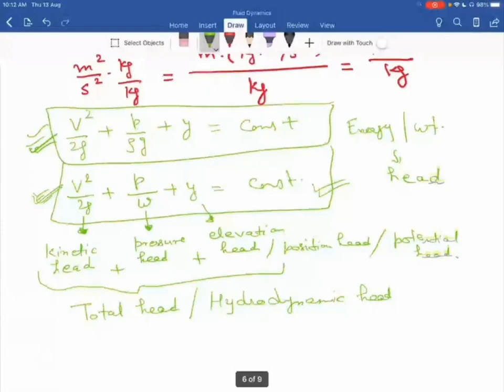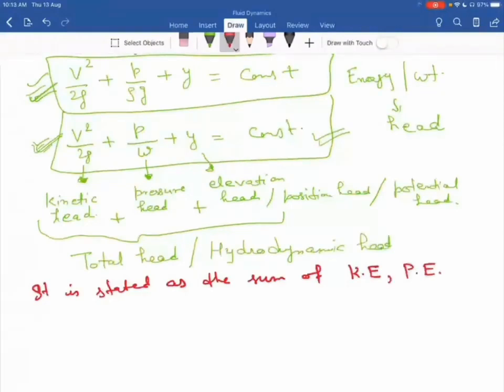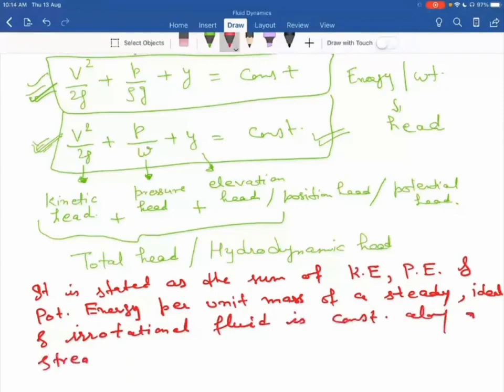It can be stated as: the sum of kinetic energy, pressure energy, and potential energy per unit mass of a steady, ideal and irrotational fluid is constant along a streamline or at a point. So this is the statement of Bernoulli's theorem.